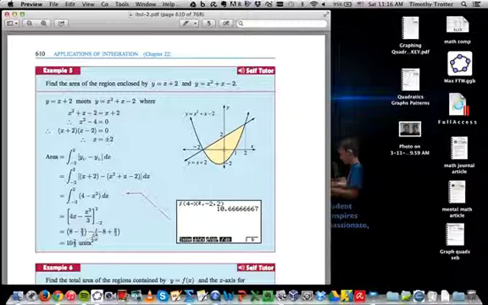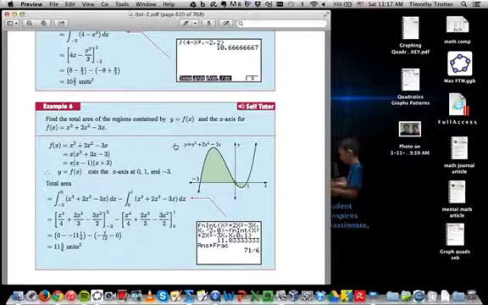We find the difference, because when we evaluate a definite integral, it's the upper minus the lower, and we get something like 10 2/3. Of course, you can also evaluate it in your calculator by putting in this syntax. So that's one twist, where they don't give you the two bounds, and you have to find where they intersect.